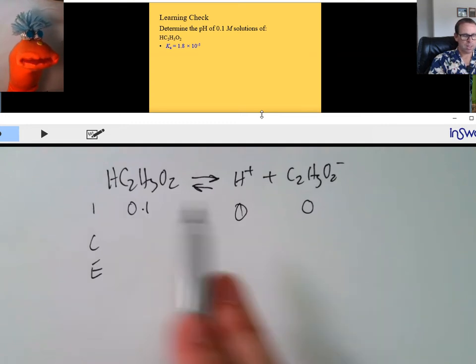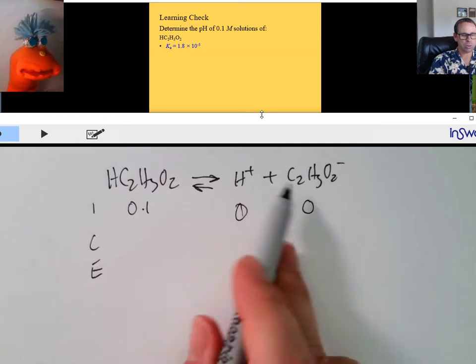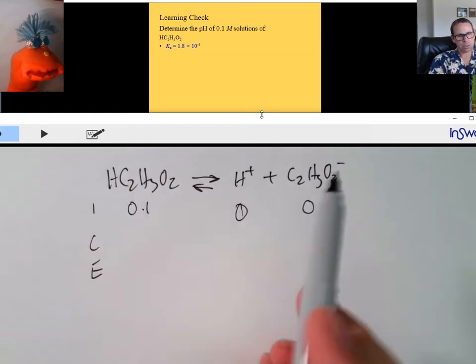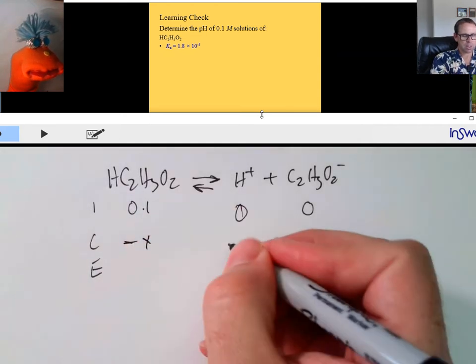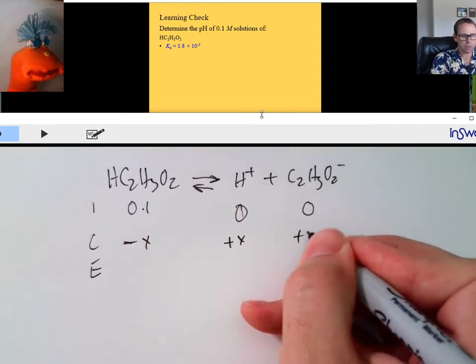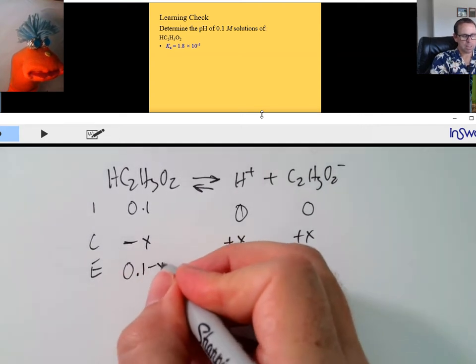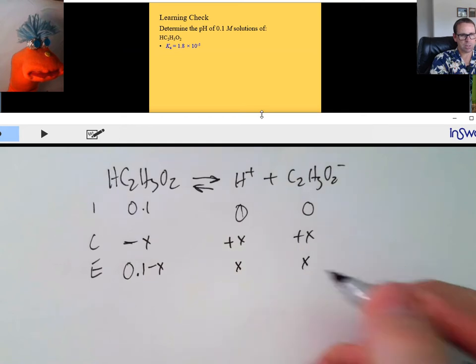Well, if there's nothing here, that means this is going to have to dissociate into those two over there. It can't go back this way. So there is going to be a shift to the product side. We're going to lose some of this and gain some of these products. The equilibrium then is 0.1 minus x for the acid, 0 plus x, which is just x, and 0 plus x, which is just x.